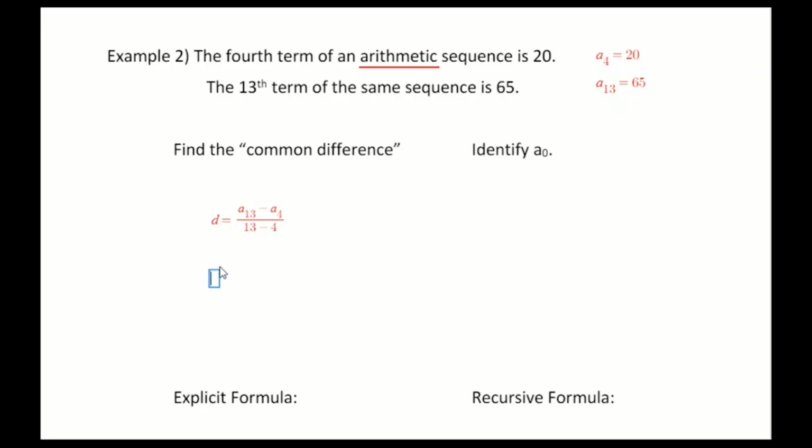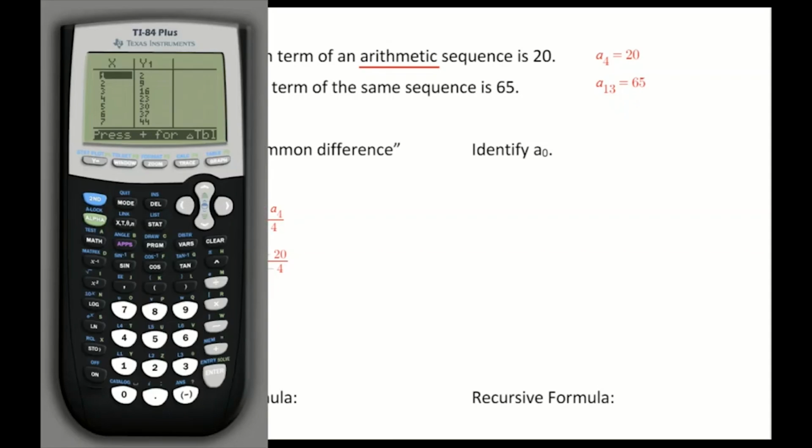I think this formula overcomplicates it a little bit. An easier way of comprehending it is a sub 13, which is 65, minus 20, which looks more like your slope formula, where you just plug in the numbers. So it's 65 minus 20 over 13 minus 4, and I'm going to throw that in the calculator here.